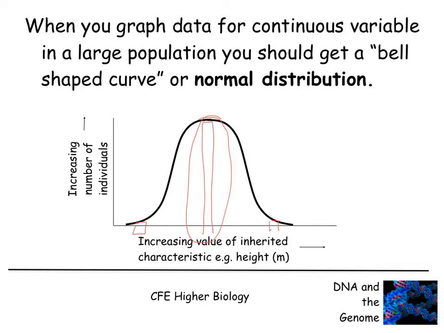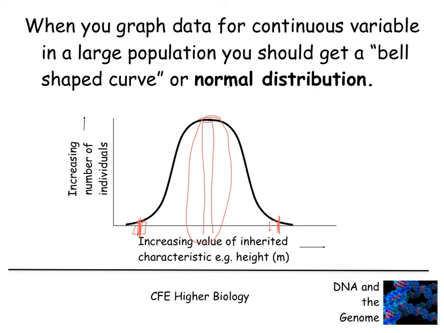But you will get some outliers, so you have people that are shorter, and you've got people who are a lot taller. If you could imagine this graphed out, then you get this normal distribution curve. You looked at this before at National 5, so you should be familiar with this for a continuous variable.